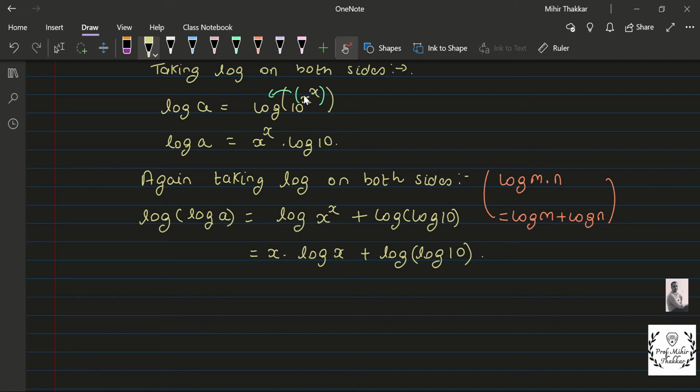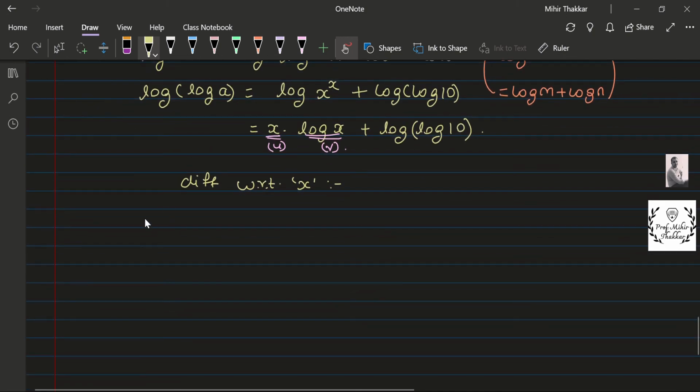So I will differentiate. So when I differentiate, I consider this as u and this term as v. So let us start. Differentiate this with respect to x.